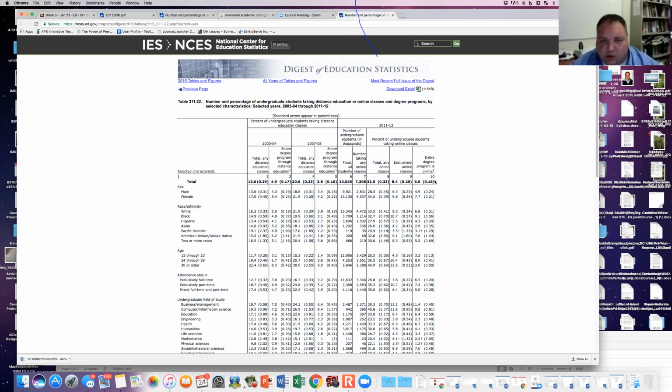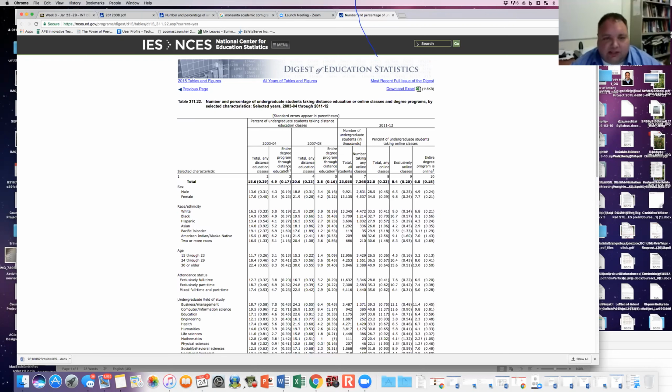But the line I really want you to look at is this line here. In 2003-2004, total distance education classes, the percent of students taking those classes was 15% across all higher ed institutions, public, private, land grant, for-profit. And 9 years later, in 2011-2012, it was 32%, over double.